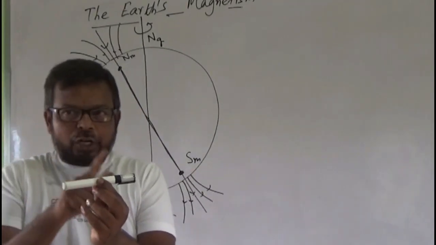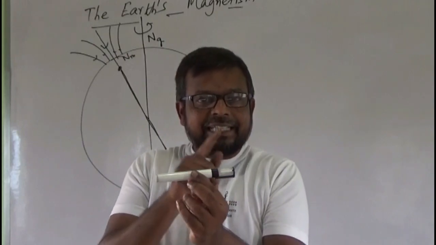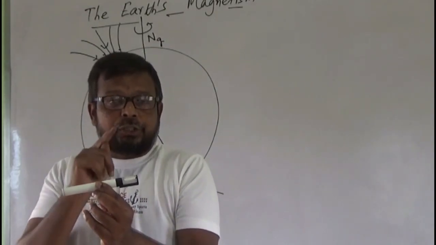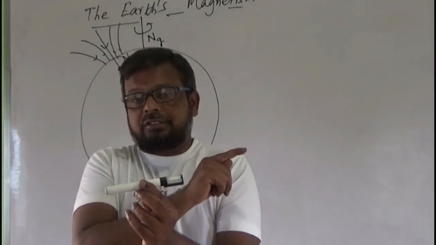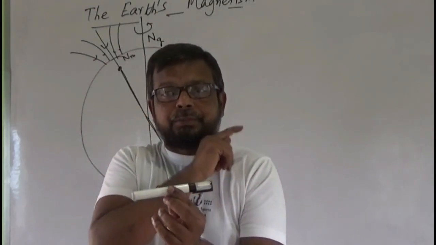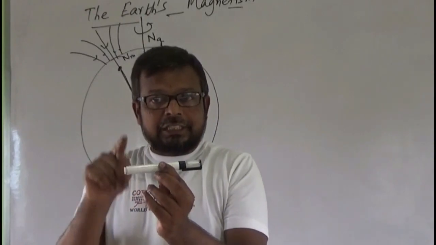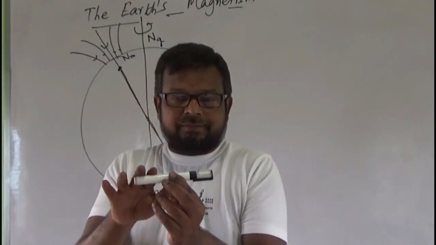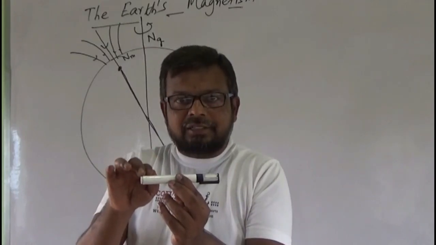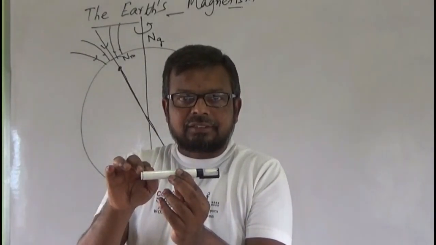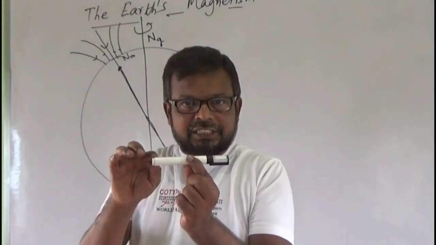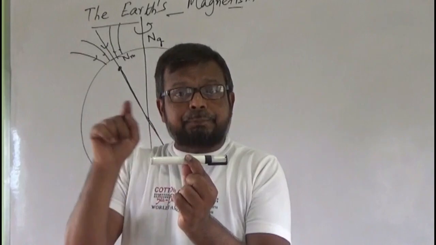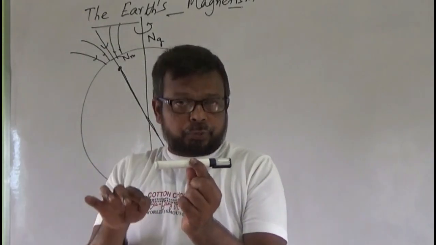Actually, the north pole of a bar magnet is the north seeking pole. That means it points to our north geographic pole, and the south pole points to our south geographic pole. This is not a south pole, this is the south seeking pole. We abbreviate this as south pole.